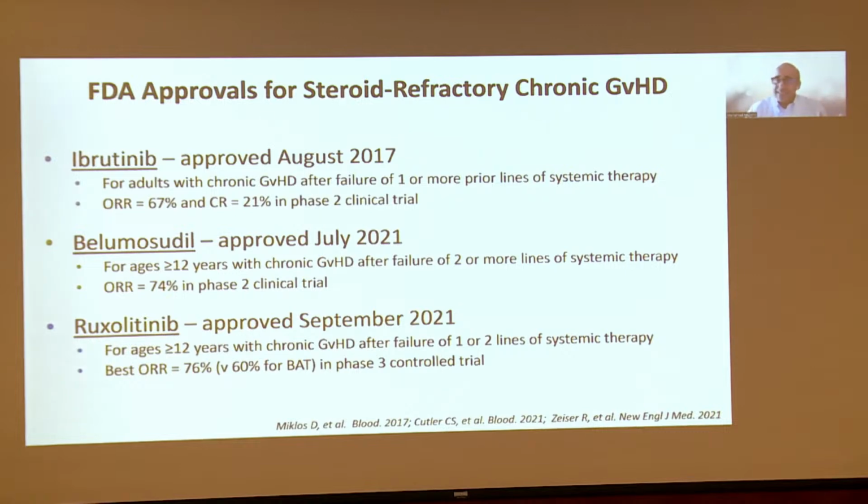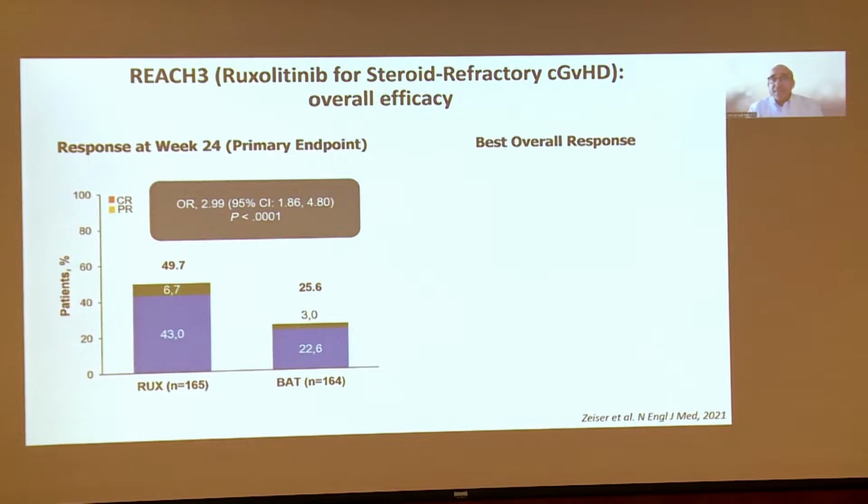Ruxolitinib is clearly now a standard of care thanks to the REACH3 trial. But also now we have a ROCK inhibitor, namely belumosudil, which is making a true difference in the life of many patients, and it was approved by FDA.